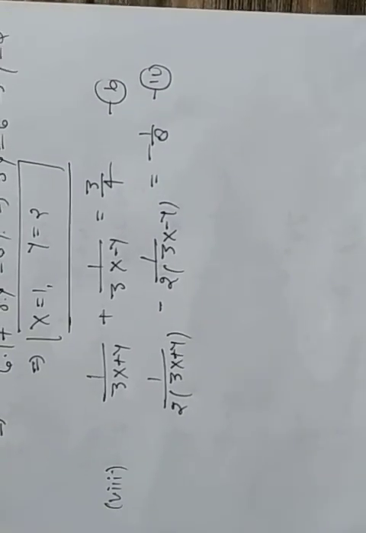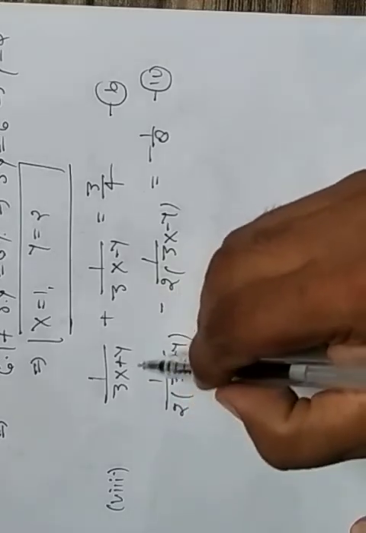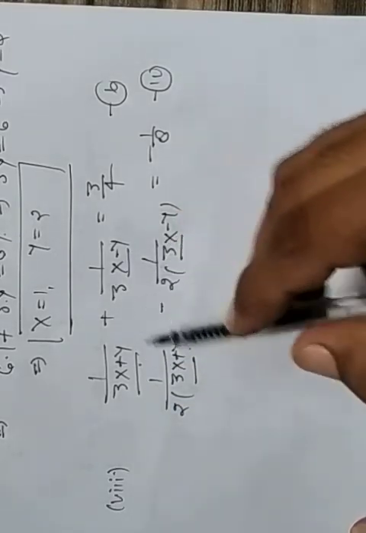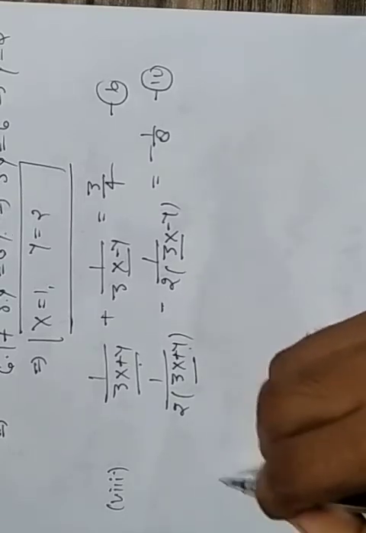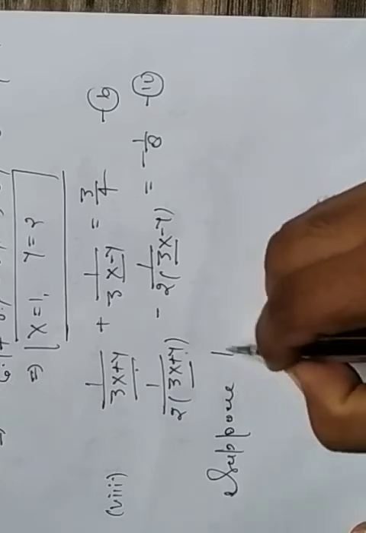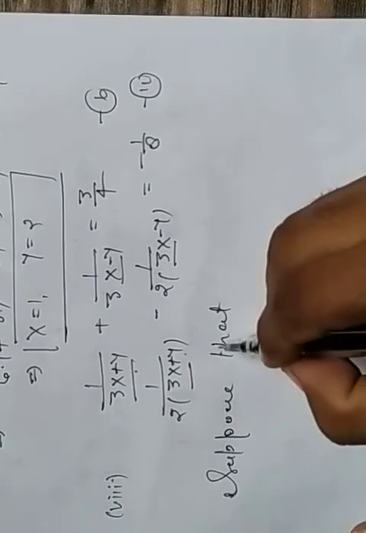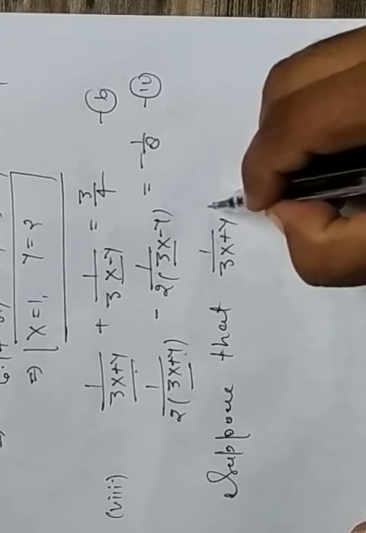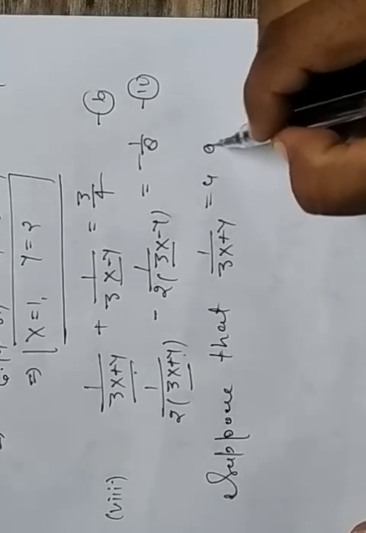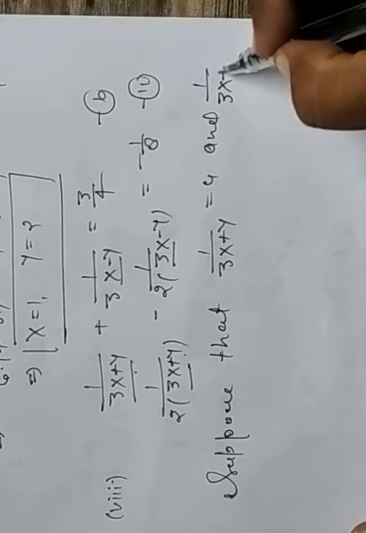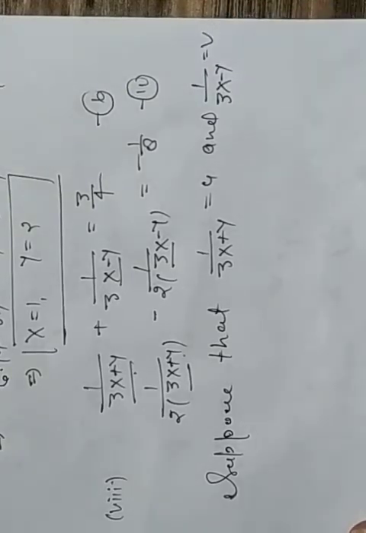Now students, see here, this time we will suppose that this value is repeating here and see this value. So both values are repeating now. So we can suppose that 1 upon 3x plus y is equal to u and 1 upon 3x minus y is equal to v.